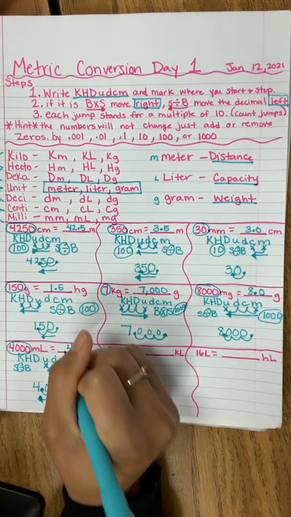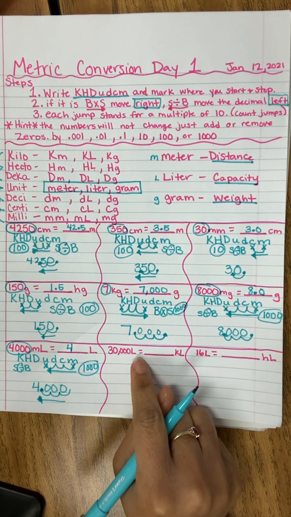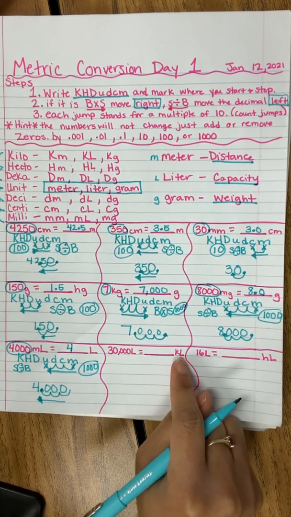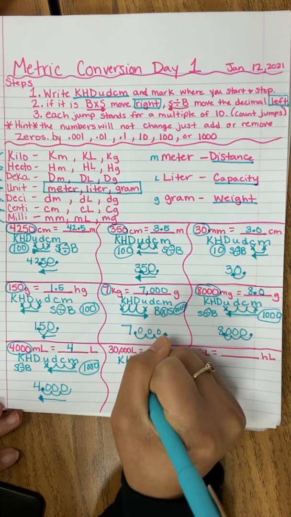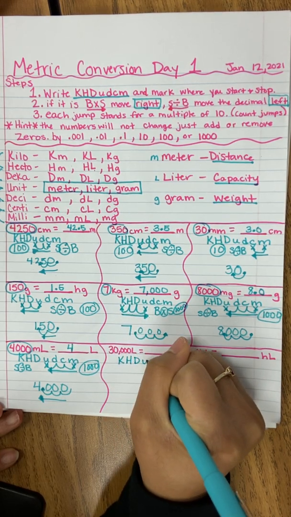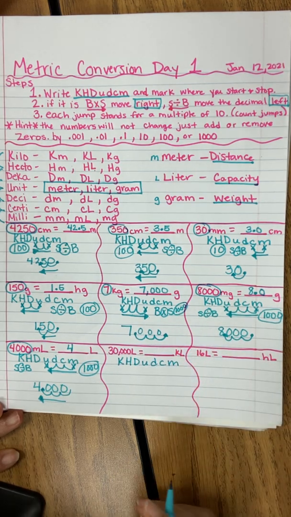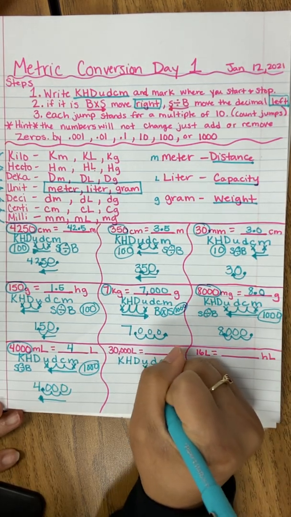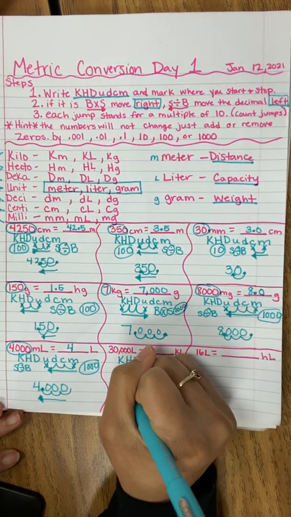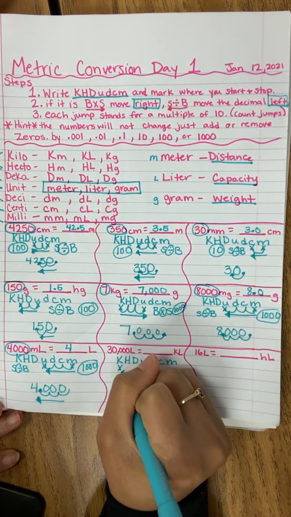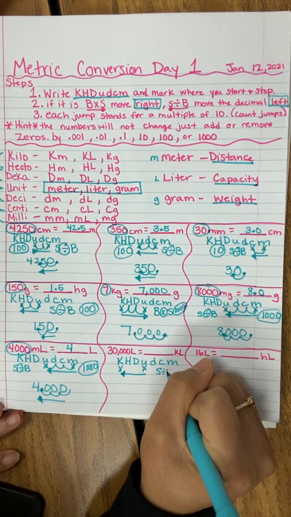So, just got 4. Now, I have 30,000 liters equals blank kiloliters. King Henry died unusually drinking chocolate milk. I know that I started off with liters, which is 1 letter. It falls under units. I'm going to kiloliters, which means I am moving to my left. This is going to be small to big.